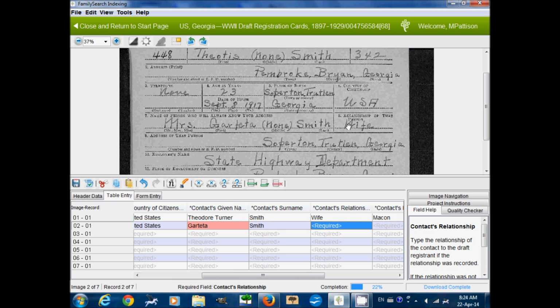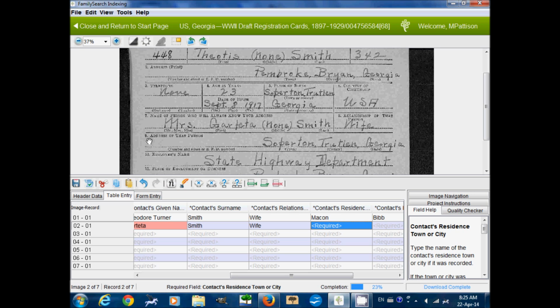Okay, relationship, that's here in this separate box, box 8, and it does say wife, so that's fine. If we don't have the information about what relationship they are, just because they're Mrs., we can't assume that it's the wife. But in this case, it does say that. Okay, next we have the residence, town, or city.